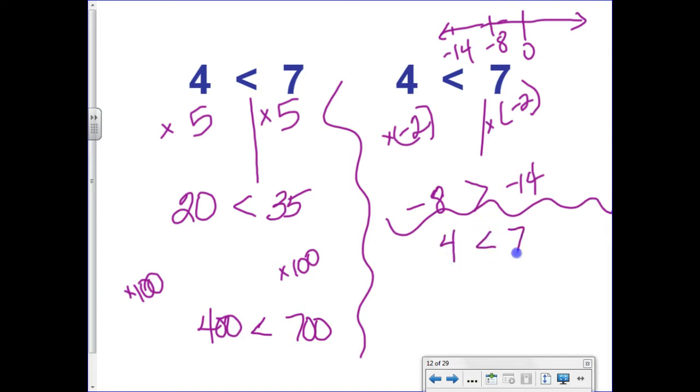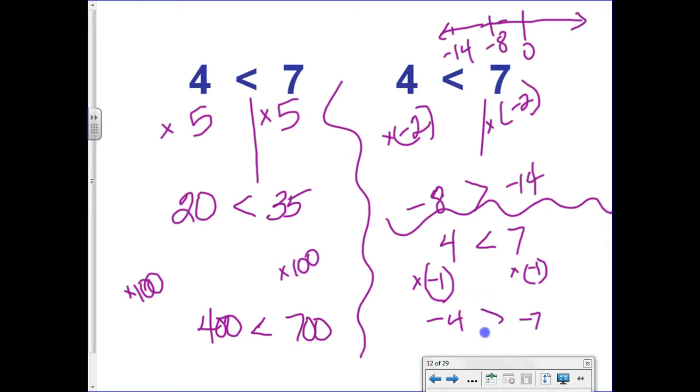Let me test this again. 4 is less than 7. And this time, let's just do negative 1. I'm going to multiply this side by negative 1, and I get negative 4. And on this side, I get negative 7. But when I think of my number line, negative 4 isn't less than negative 7 like it was in my initial inequality.